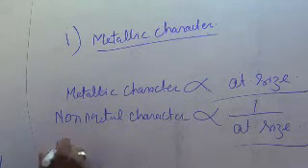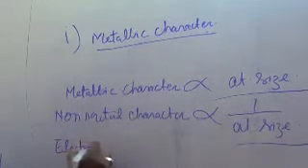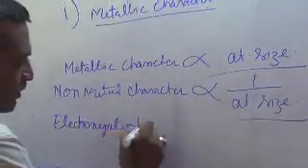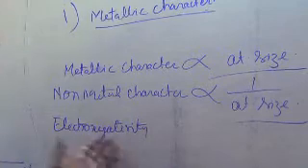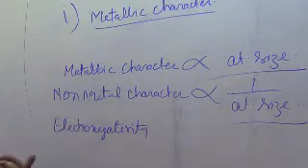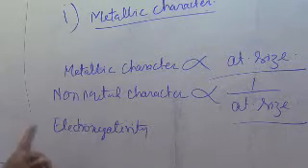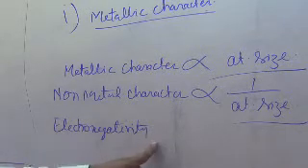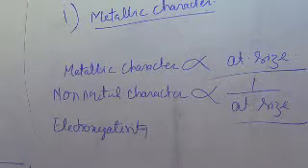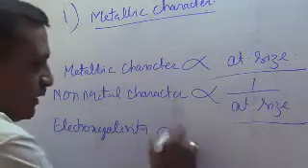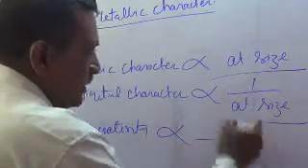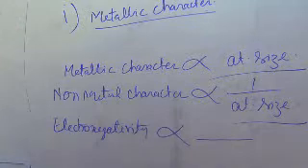Third is electronegativity. What is electronegativity? It is the tendency to attract electron towards itself. Right? Electronegativity is related to the non-metallic character. So, this is the same as this.